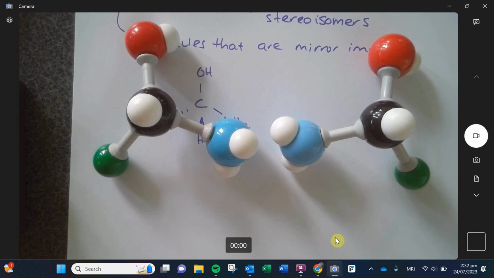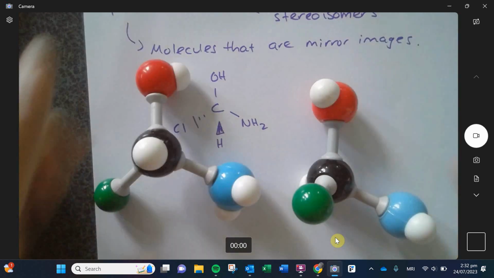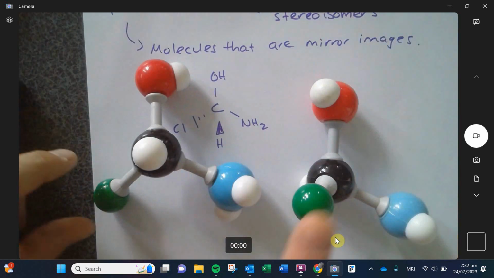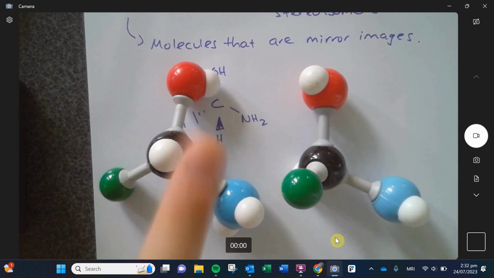Even if I have it like this, my palms are meeting each other. It's not like I have my hand with my thumb on that side. So there's no way I can move these molecules around, because if I try to line it up like that, now I have these 2 in the right place, but now the chlorine is coming out and the hydrogen's going behind, whereas the hydrogen's coming out and the chlorine's going behind.